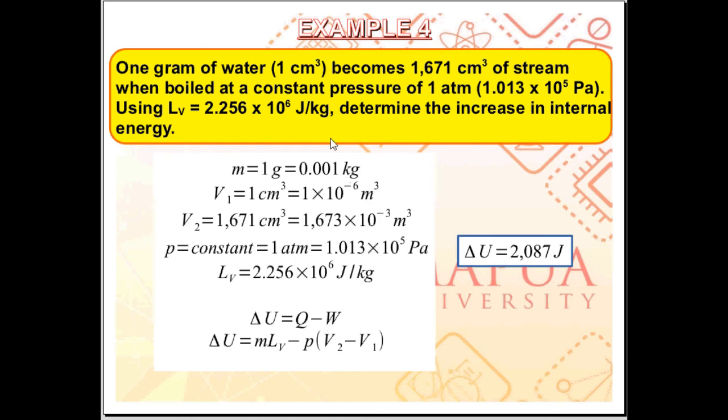Work for constant pressure from initial volume to final volume is just P times V2 minus V1. We know M, LV, P, V2, and V1, so the equation is complete. We are able to calculate the change in the internal energy of the system to be 2087 joules.